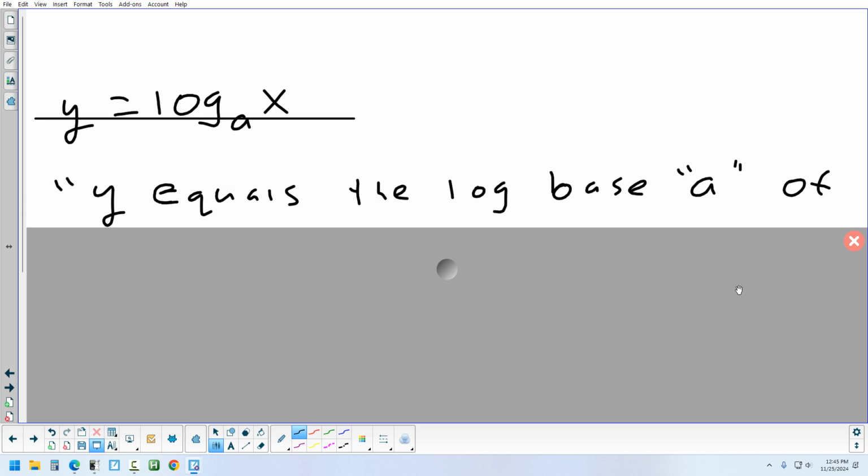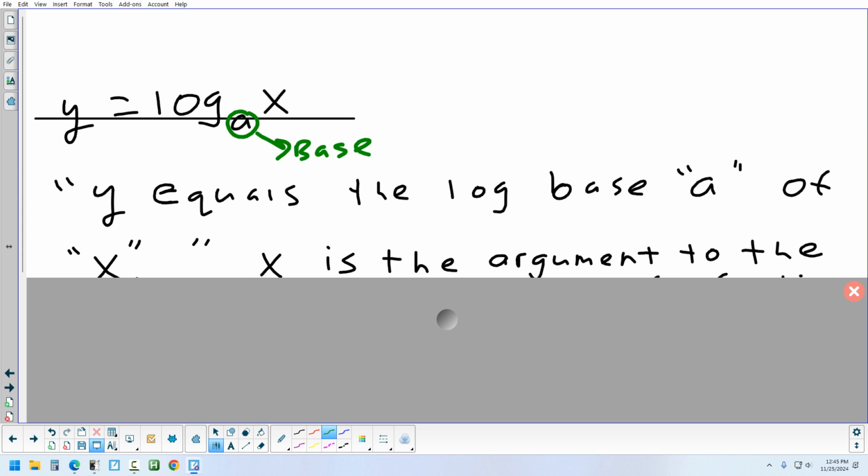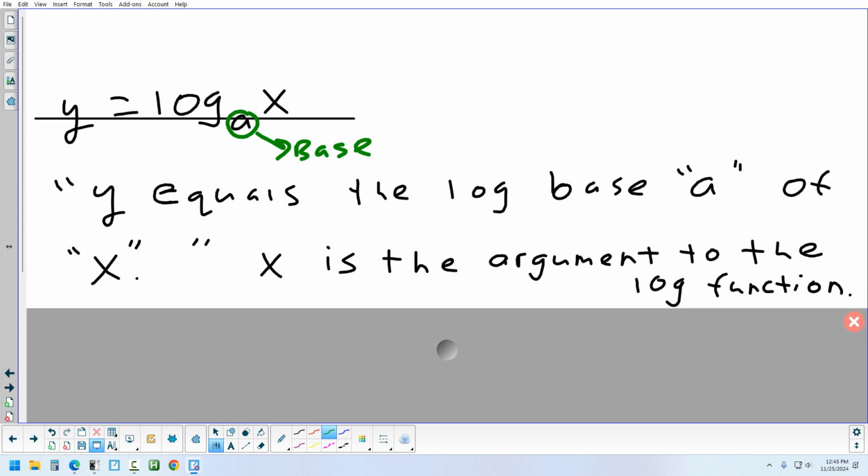And the way that you read that is y equals log base a. Base a just means it's lower than log. So that's called your base. I'll explain what that is in a minute. So y equals log base a of x.